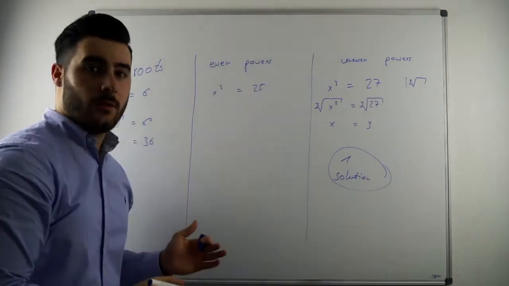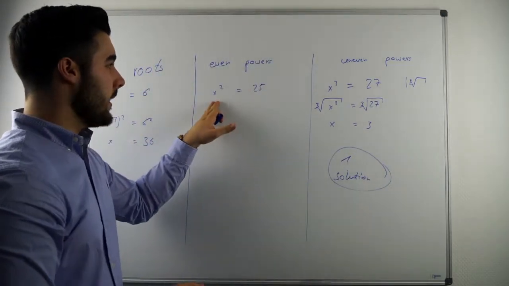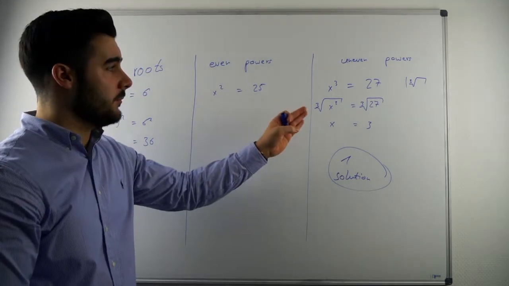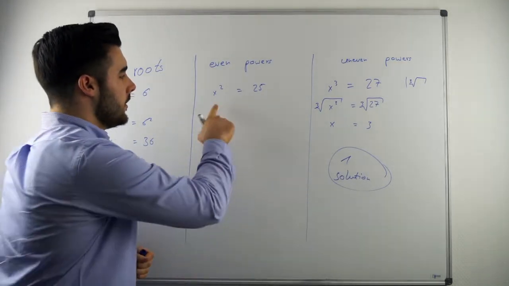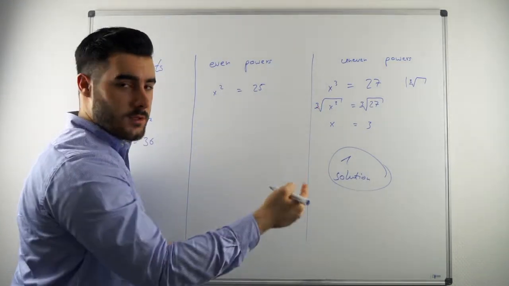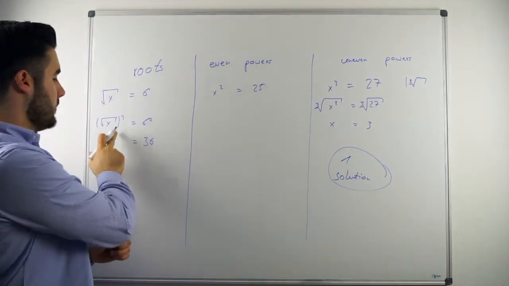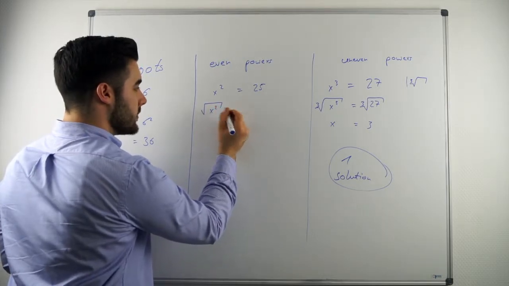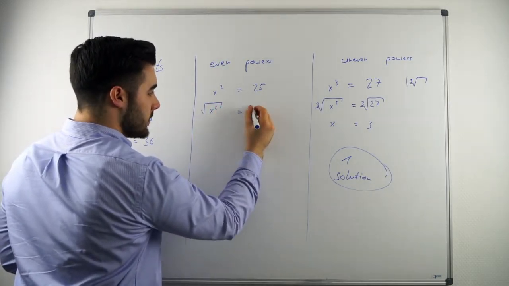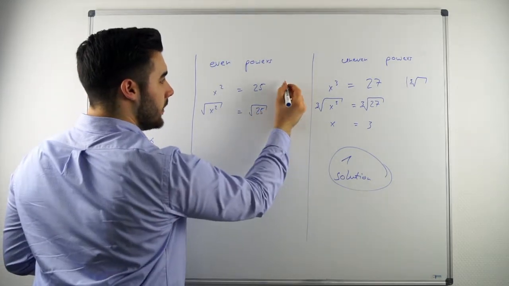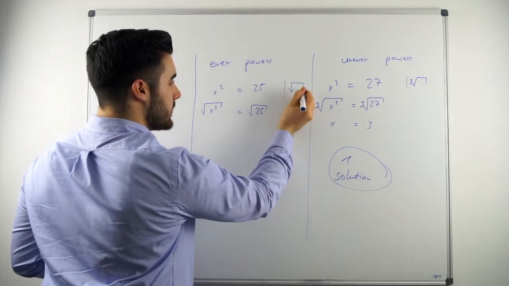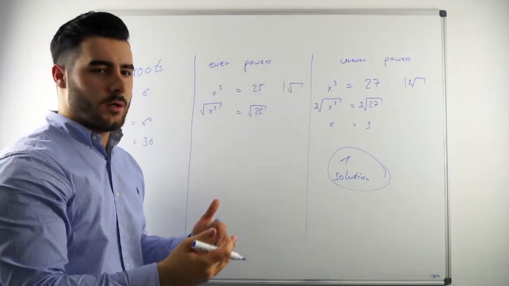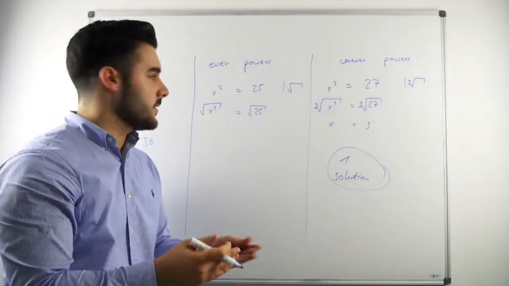However, if we have even powers, we will start with x squared equal to 25 as an example. It's the same procedure as with uneven powers. Again, use the normal square root that we also used in the first example. So the square root of x squared equals the square root of 25. And don't forget to write next to the equation what you're doing, because this is like a formula that is necessary in some schools.